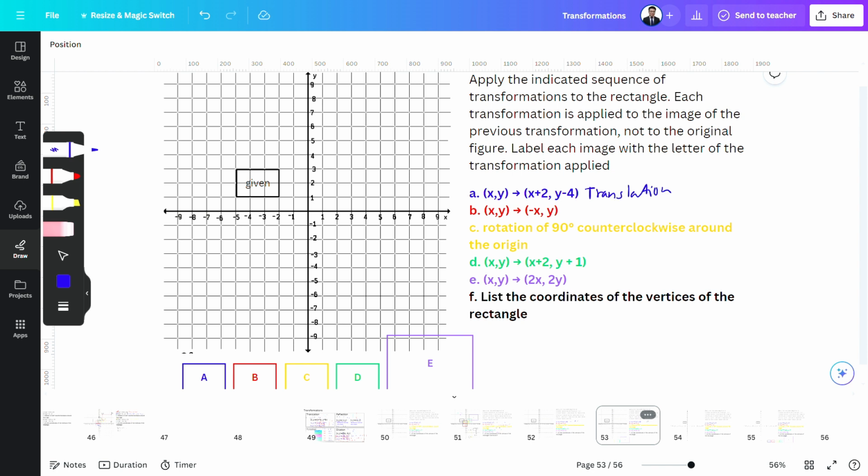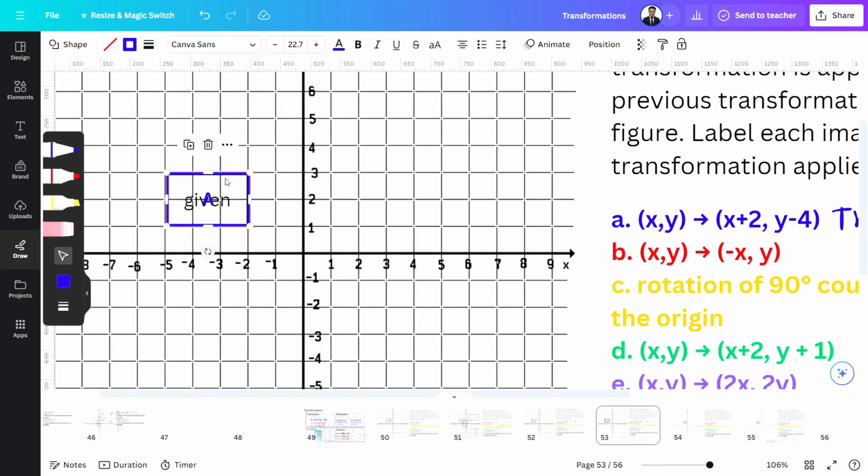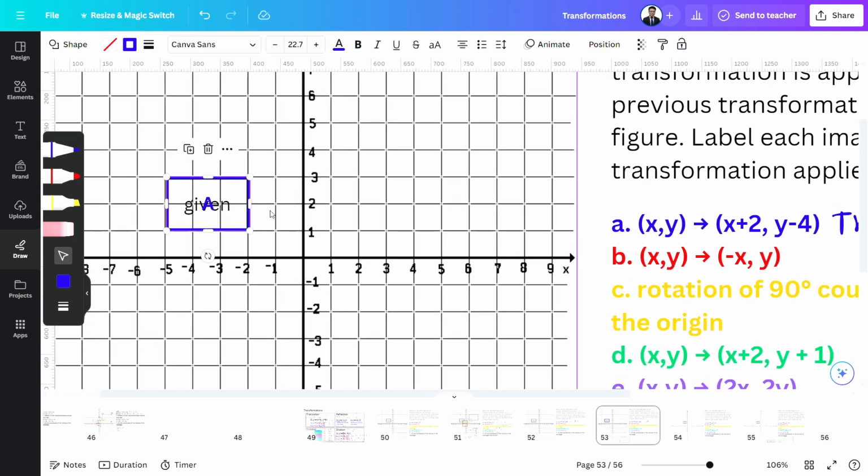And then what we will do in translation, take note that we're just trying to move a figure, right? In translation. Actually, I prepared here already the image. There you go. We have your A. And then it says x plus 2 and then y minus 4. So x plus 2, that's gonna be 2 units to the right. 1 and 2.